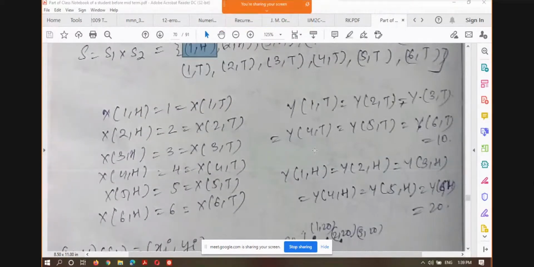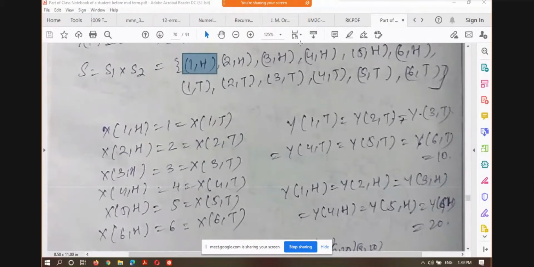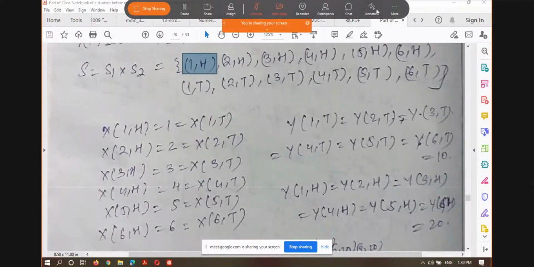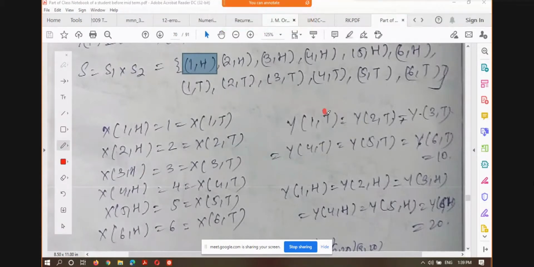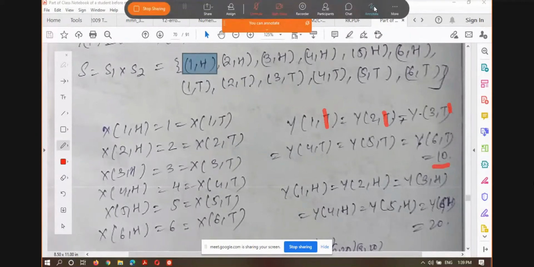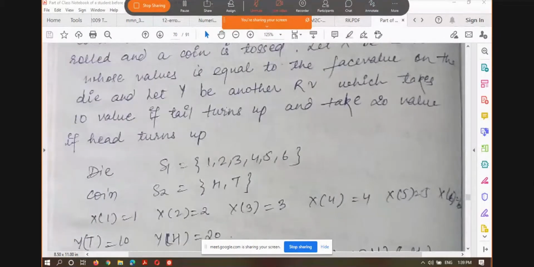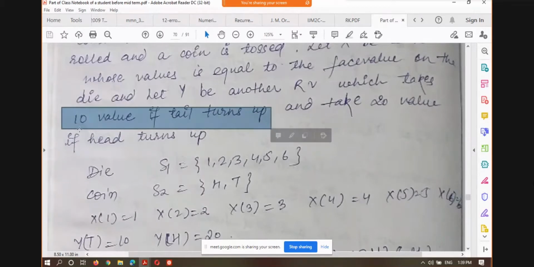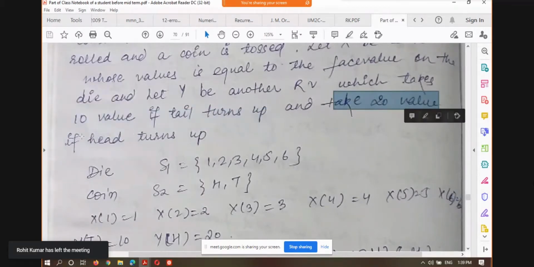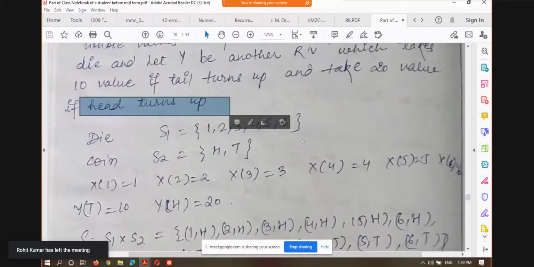Now we go to Y. Y maps tail to 10 and head to 20.